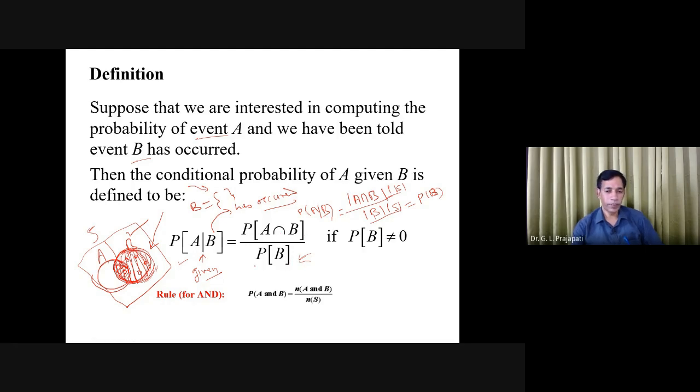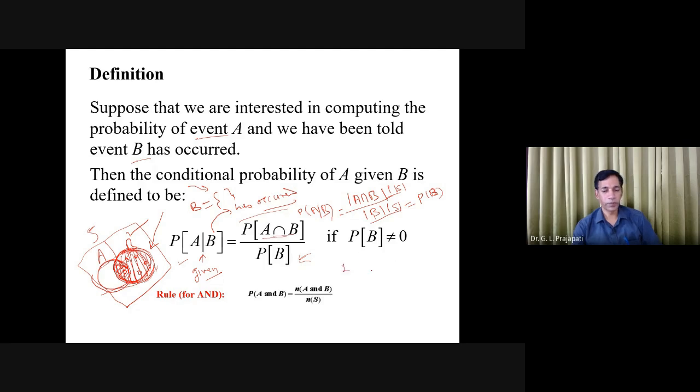Here the probability of B is given because this is now the sample space, and the intersection can be at maximum the complete set. So the whole of B can be in the intersection. So this is simply equal to B, and the probability of B divided by the probability of B is equal to 1.